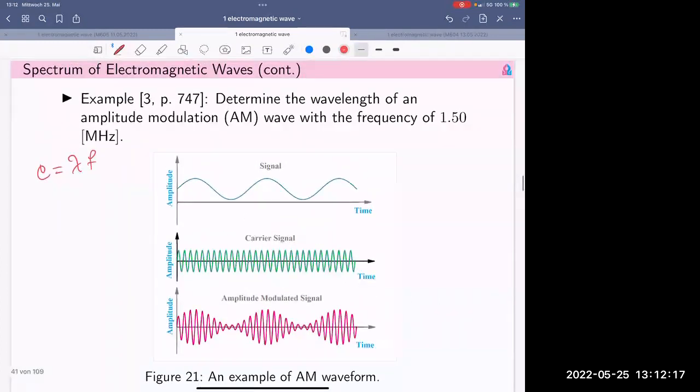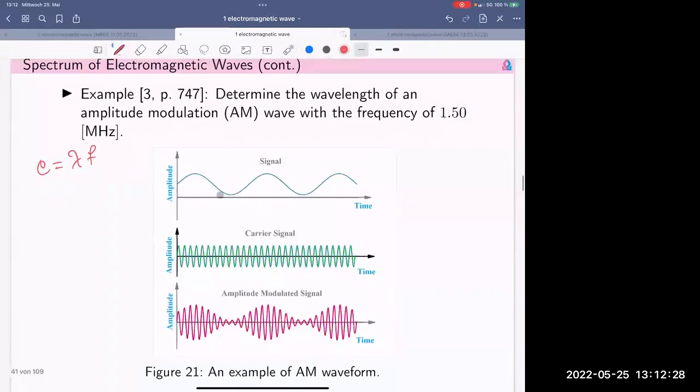Here we consider the radio frequency band. It's AM, amplitude modulation. The frequency of this band, let's take a look at the figure first. What is AM, amplitude modulation?